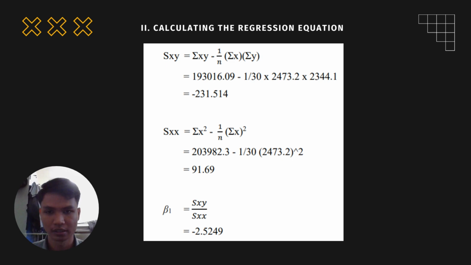Then the negative 231.514 is obtained. Next, find the Sxx by using the formula: sum of x squared minus 1 over n times the sum of x, squared. After that, we can find the value of B1 by dividing Sxy by Sxx.